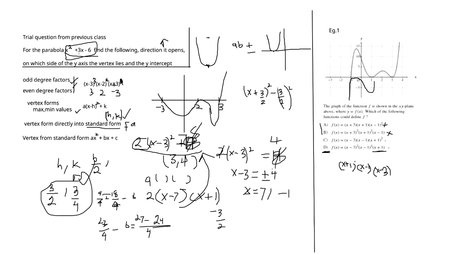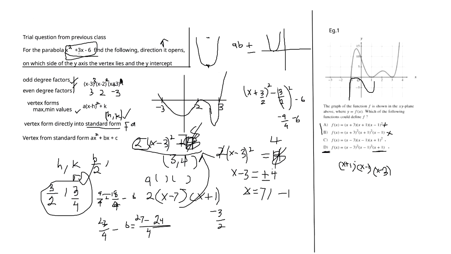Now, we know this would be minus 9 over 4, minus 6. Simplifying this, you have negative 9 minus 24 all over 4.